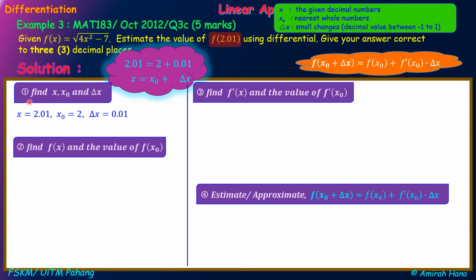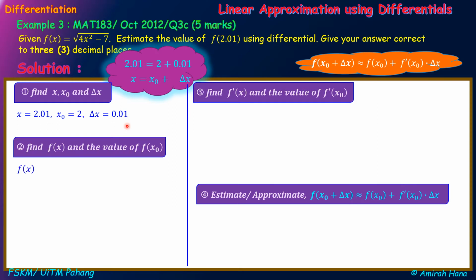Back to step 1, we want to find x, x naught, and delta x. Our x equals 2.01, our x naught equals 2, and our delta x equals positive 0.01.